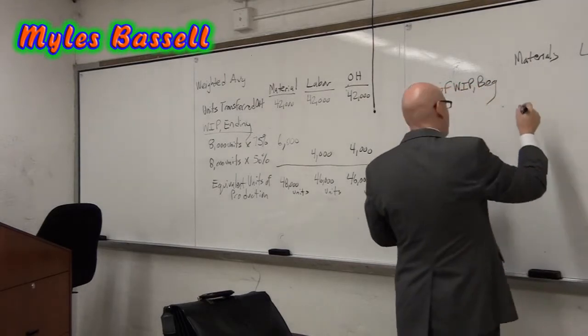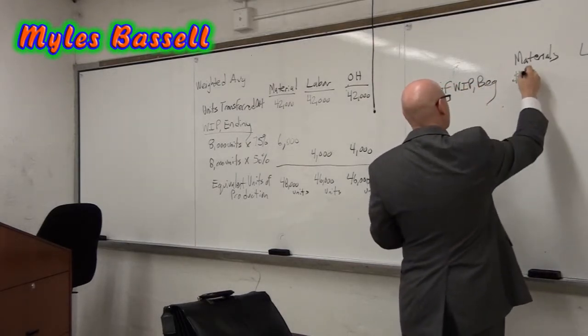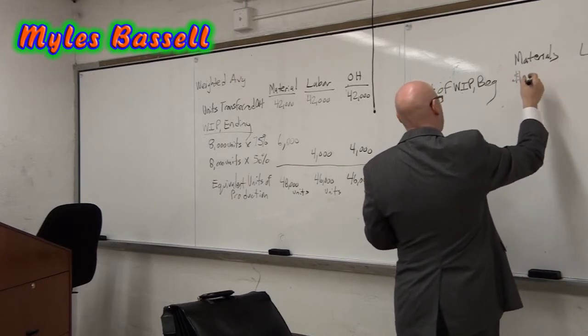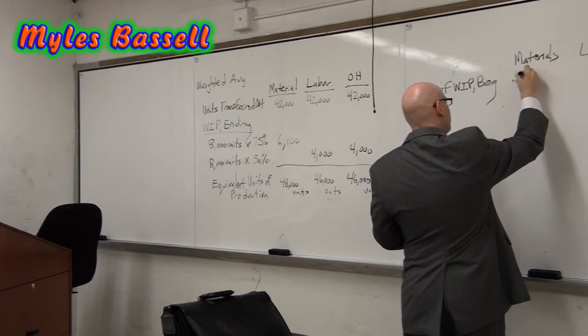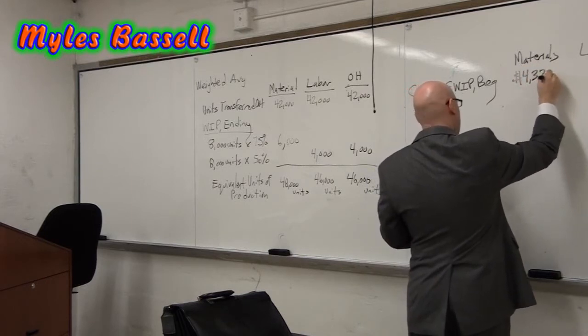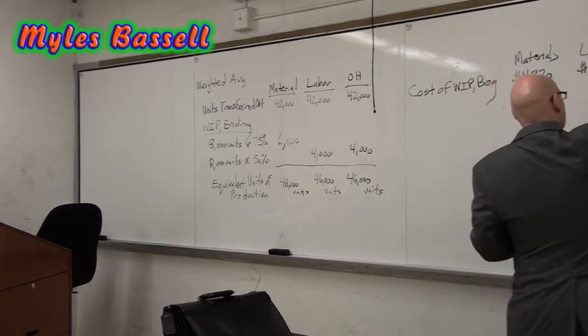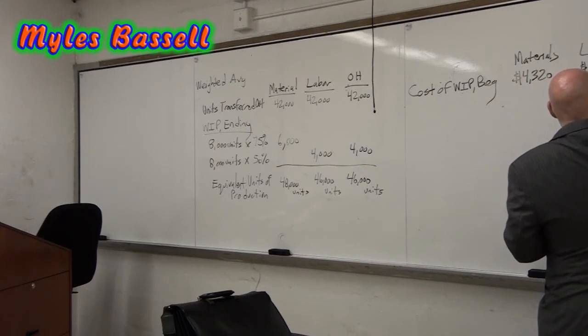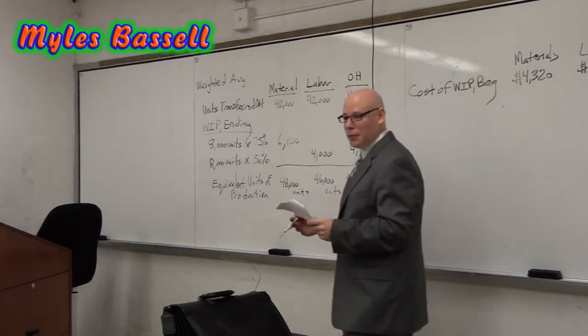How much is materials? Work in process at the beginning of the period, they tell us that materials is 4,320. Labor 1,040. And overhead? 1,790. Okay, good. Now, somebody explain to me what that means.